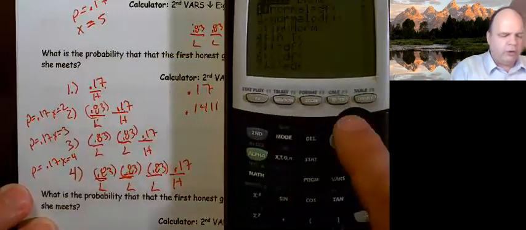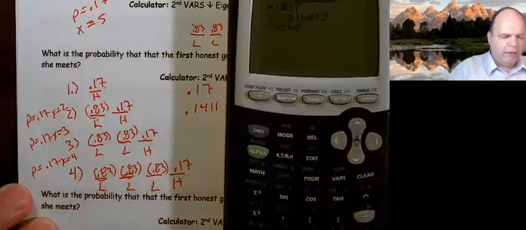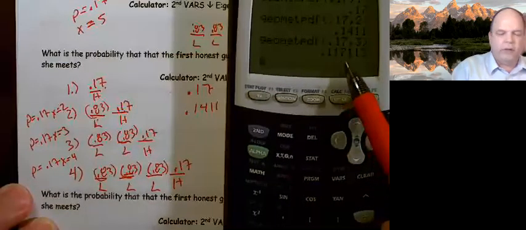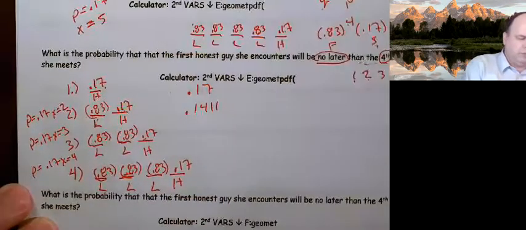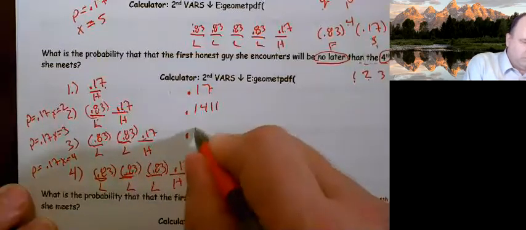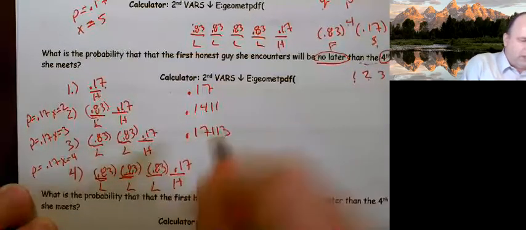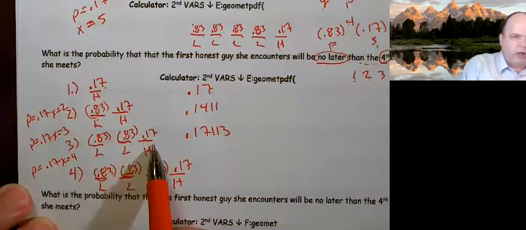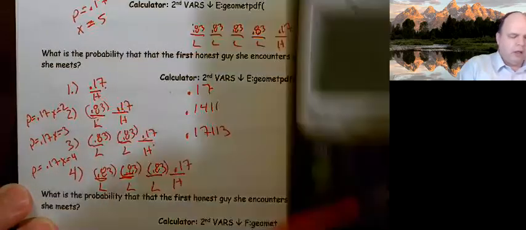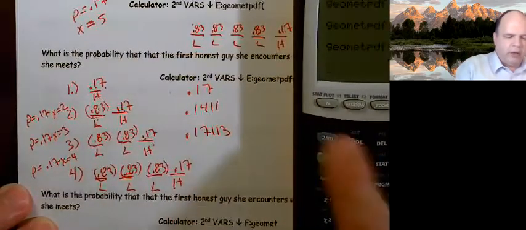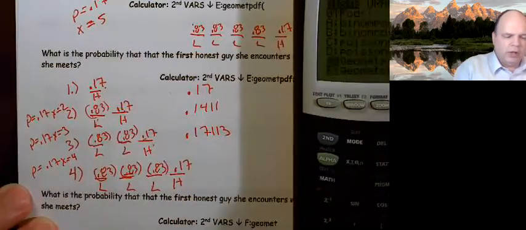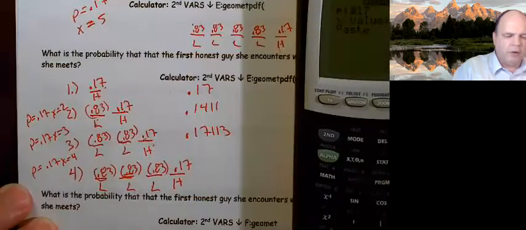2nd Vars, geometric PDF, 0.17, X is 3. And I get 0.117113. And that's because I have 1, 2, 3 guys that she met. Then 2nd Vars, geometric PDF, 0.17, X is 4.